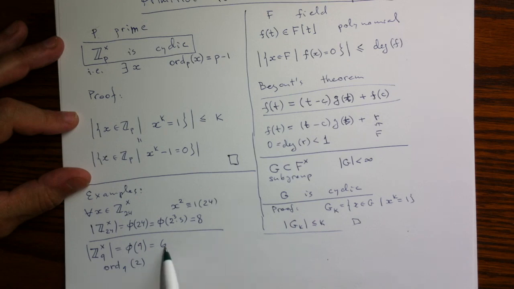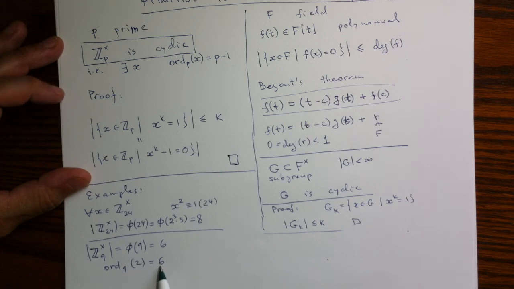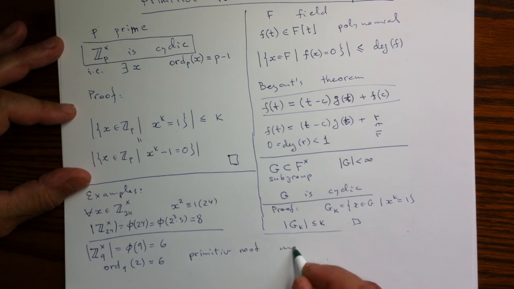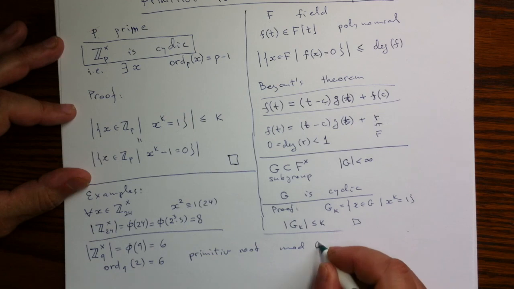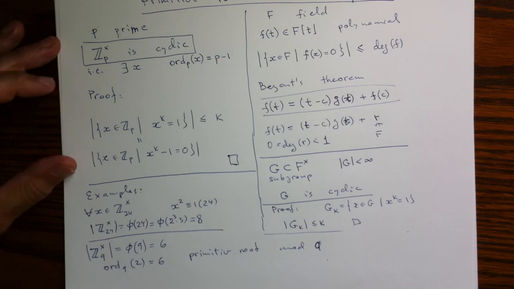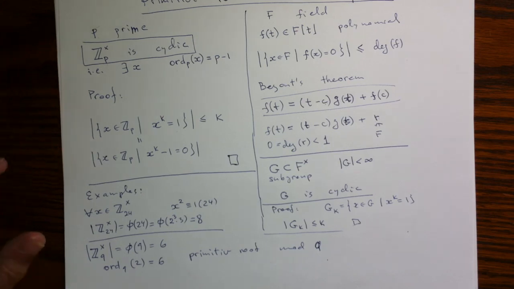So it has to be 6 that is the order of 2, because the order of 2 has to be a divisor of 6 by Lagrange's theorem, and the only possibilities are 1, 2, 3 and 6. So that is a primitive root modulo 9, although 9 is a composite number. The general story is covered by Gauss's theorem. We'll probably discuss it sometime later.